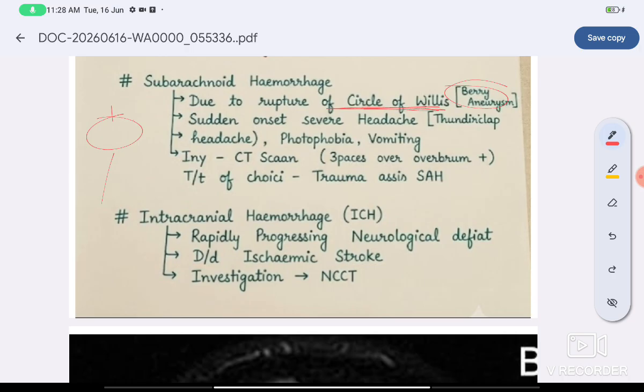Otherwise, there is a difficult time learning it. Then there is sudden onset headache, which is known as thunderclap headache. It means a headache like lightning suddenly bursting. Then there is photophobia, which means if you look at the light, the patient gets irritated. He avoids looking at the light. Then there is vomiting. CT scan and the treatment of choice.